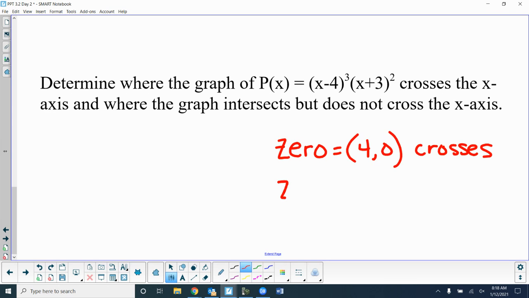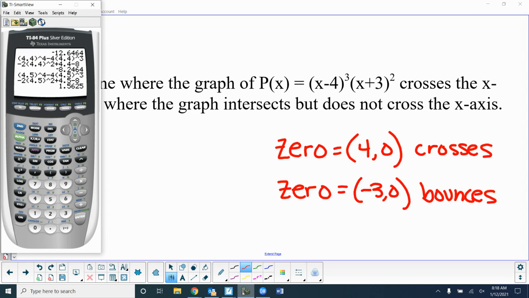All right? The other 0 is what? Negative 3. Since it's even, it intersects but does not cross, or I call that bounces off. Okay? And I'll show you what I mean by that.